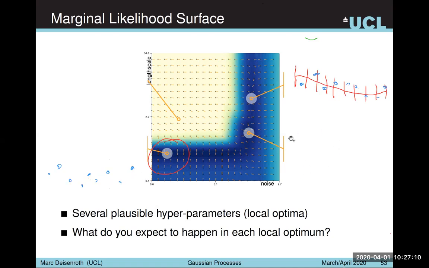What would a function look like if we again were to draw some function values here?